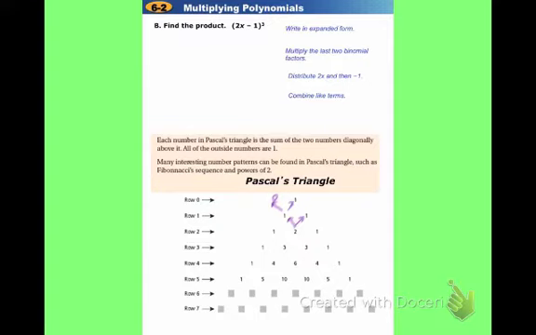Then I drop down to the next row, and this 3 comes from adding the 2 above it. The 1 and the 2 from the row above make 3, and the same thing here. Of course, each row begins and ends with a 1, which still meets the pattern. It's as if there's a 0 out here, and I'm adding the 1 from above it and this 0 that's not really out there.